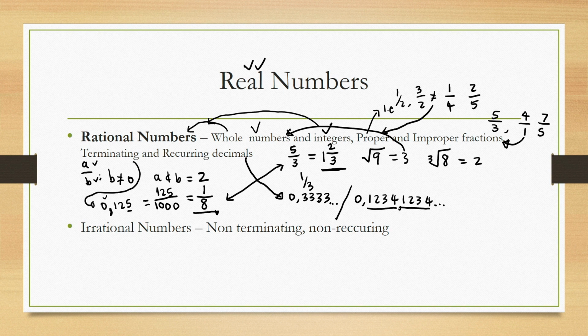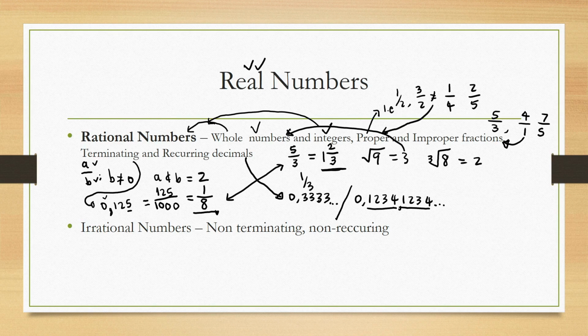Now let us move on to irrational numbers. Remember we said a terminating decimal is a decimal whereby we find a last term after the comma. A non-terminating decimal is a decimal that does not terminate, but it has to be non-recurring for it to fall under our irrational numbers.